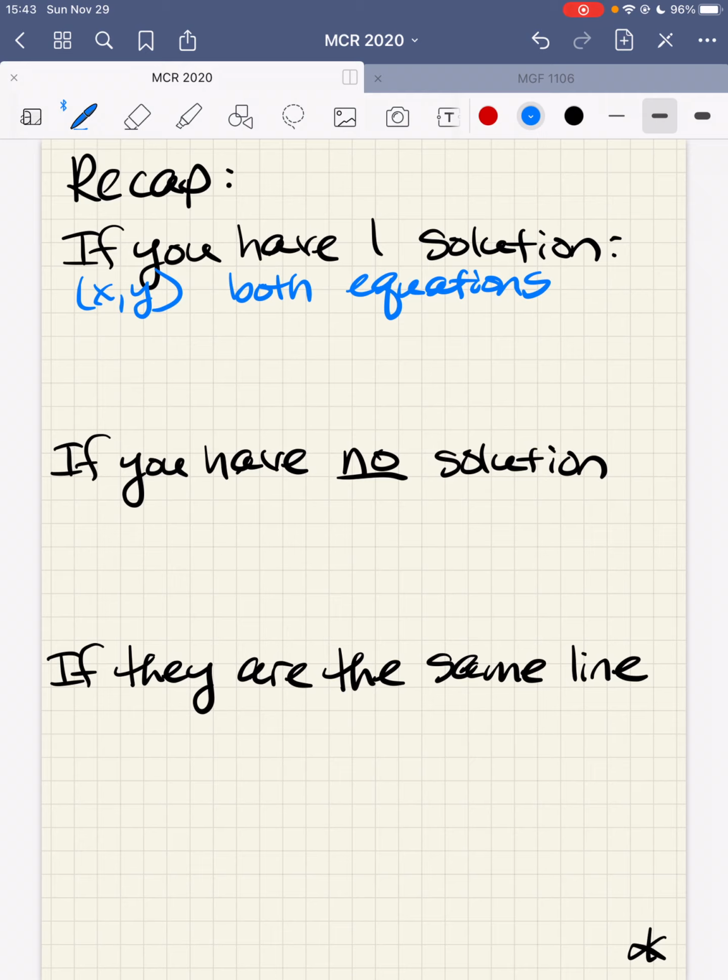And we have some terminology that goes with that. Because there is a solution, we call this consistent. And because each line is its own entity, which means there's 2 separate lines going 2 separate ways, these are also called independent lines. So they're independent lines or independent equations.